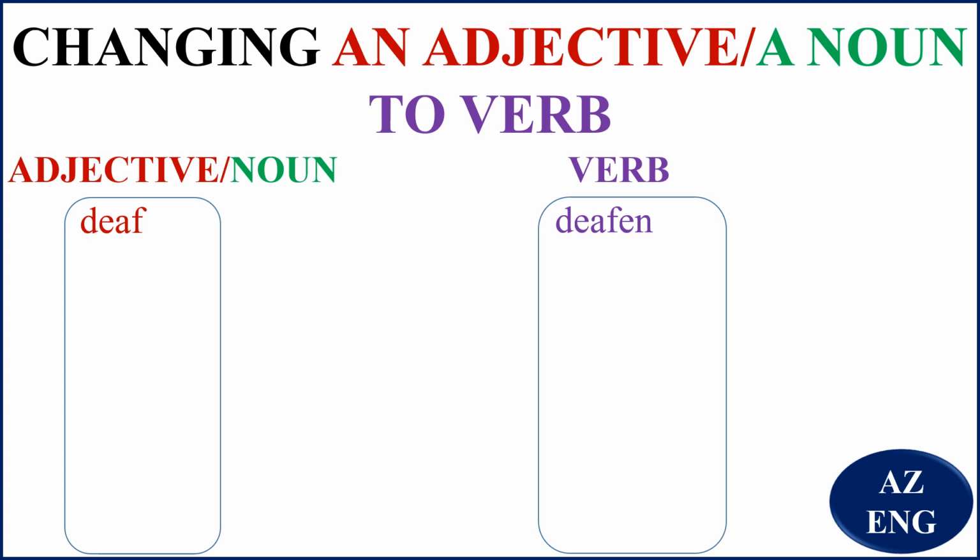And I can use this deafen to mean like if people are making noise that you can't hear something you are doing. You can say, you people please should keep quiet. Why? Because you're deafening me. Or leave this place. Why? Because you are deafening me.